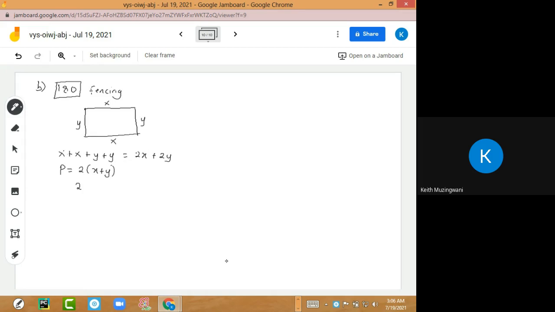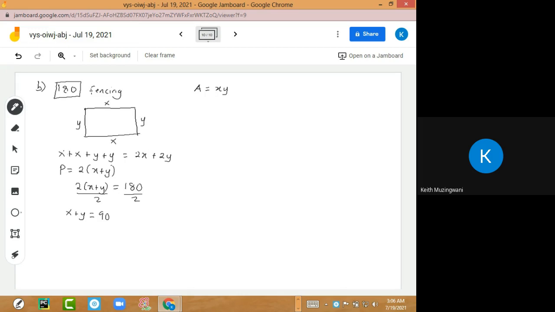But since we are told it is 180, if we divide by 2, we'll get x plus y equals 180 over 2, which is 90. And then the area of a rectangle is x multiplied by y. You know how we find it, we just multiply the length by the breadth.